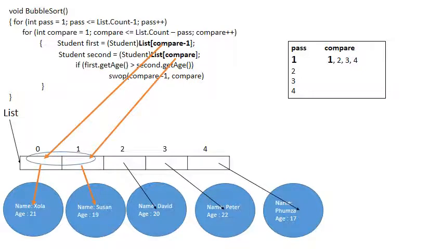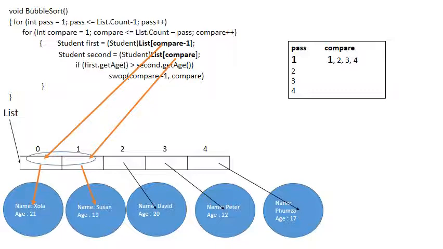Okay, so let's see what happens when we're on the first pass. That means pass has the value 1, and we're doing the first comparison. That's when compare is 1. So you'll notice that inside the for loop we refer to list[compare minus 1] and list[compare].